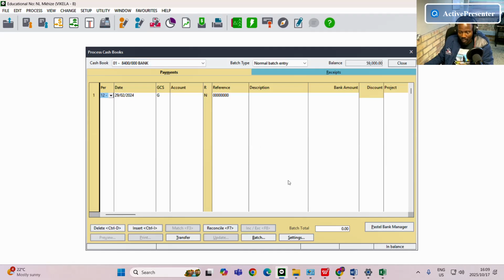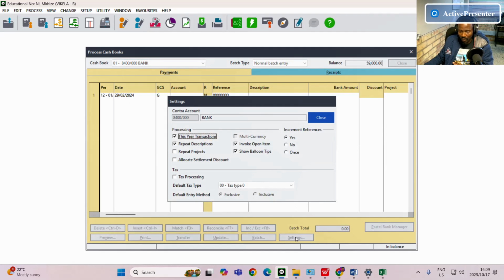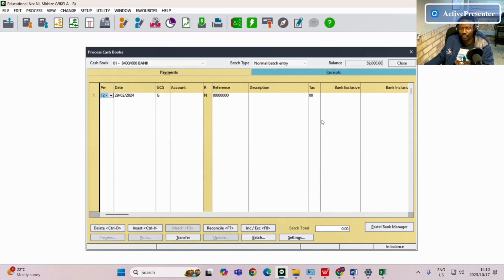Settings. Make sure you do the settings. Repeat description: every transaction is unique, so we cannot repeat description. Text processing must be on, and then on inclusive. Increment references, yes. So yes, we are doing period number 12.